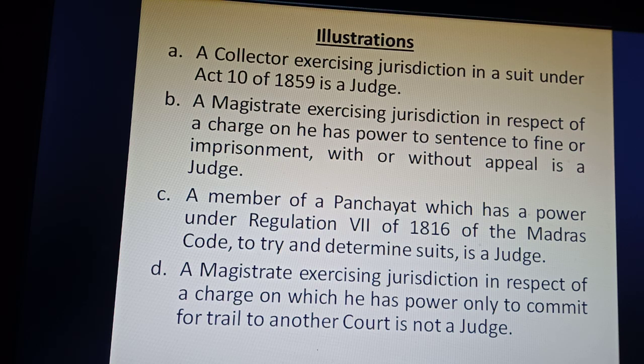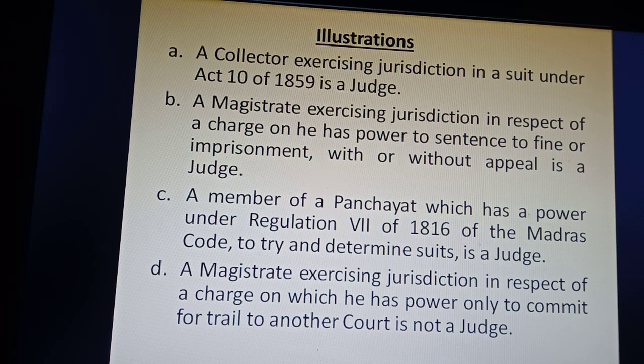Number C, a member of a panchayat which has a power under regulation number 7 of 1860 of the Madras Code to try and determine suits is a judge.